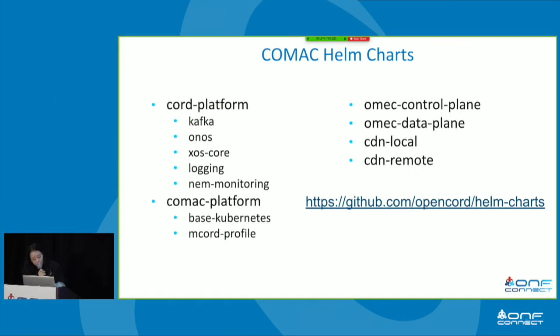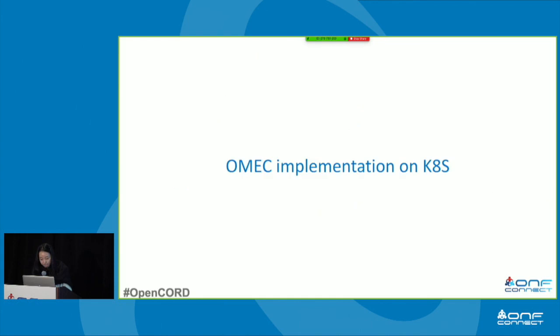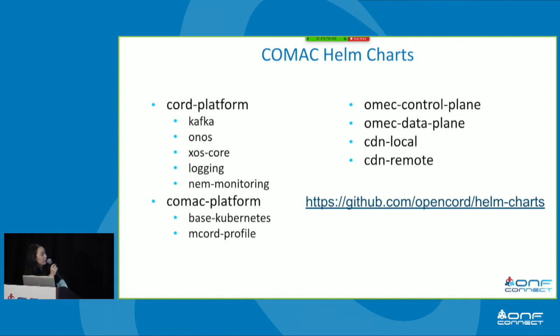And besides this Helm chart, as I mentioned, some charts have dependent charts from official Helm chart repositories, like Cassandra for HSSDB, Prometheus and Grafana for monitoring, and ELK stack for logging. It normally takes about 20 minutes to install all these Helm charts on a Kubernetes cluster. And you can find all these Helm charts at that URL.